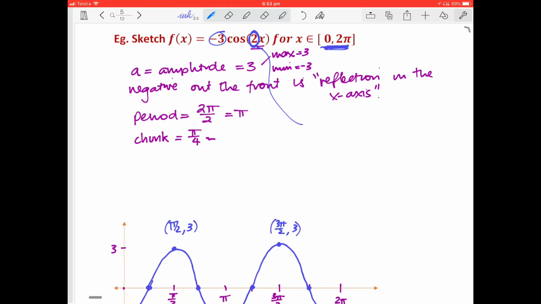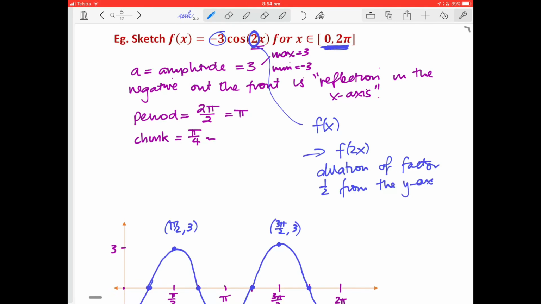If you think about it, if I had a graph of f of x, and then I made it become f of 2x, that's a dilation of factor 1/2 from the y-axis.